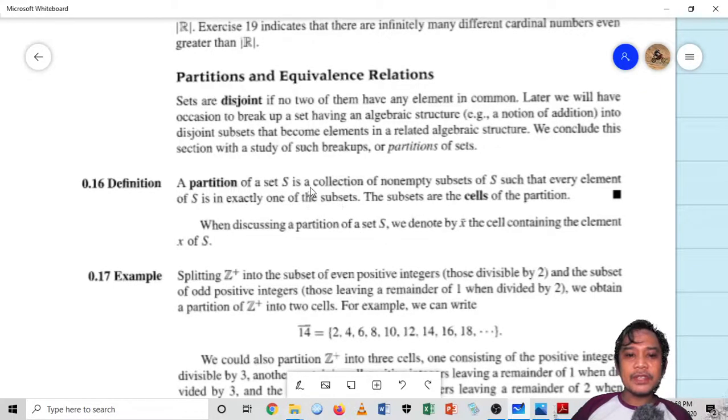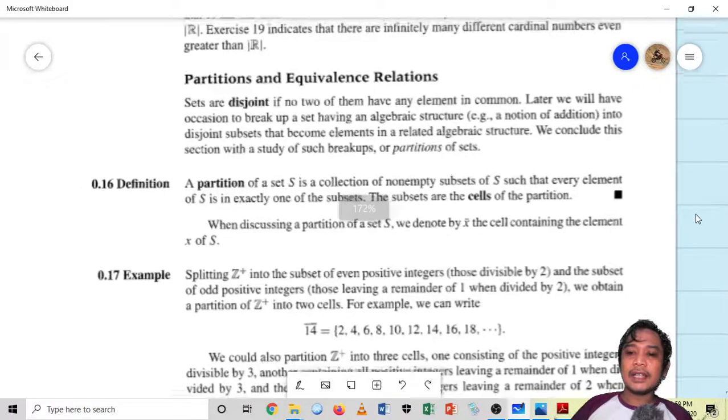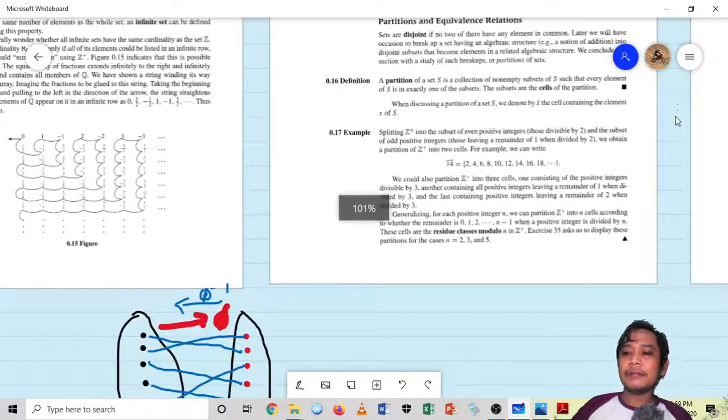Each subset would be non-empty, and each element should be in exactly one of the subsets, meaning no subsets would have the same element, meaning each subset would be disjoint from the rest. Okay, to illustrate that, let me show you an example.